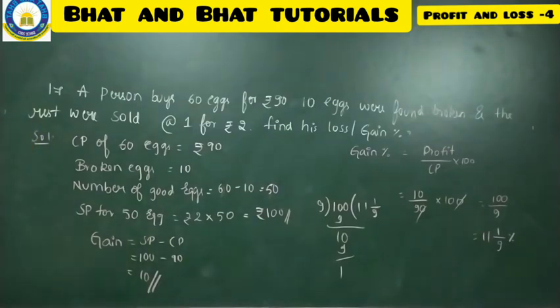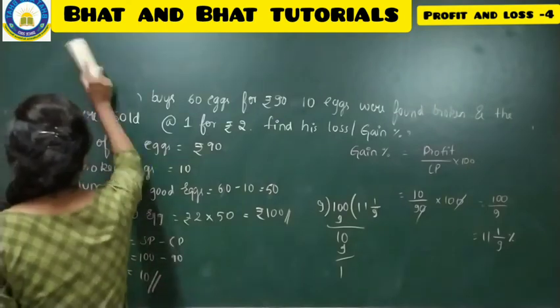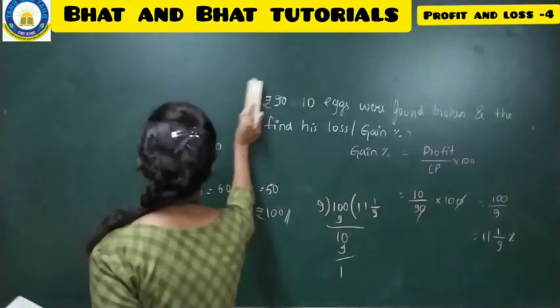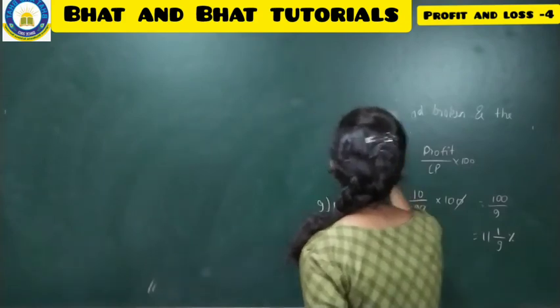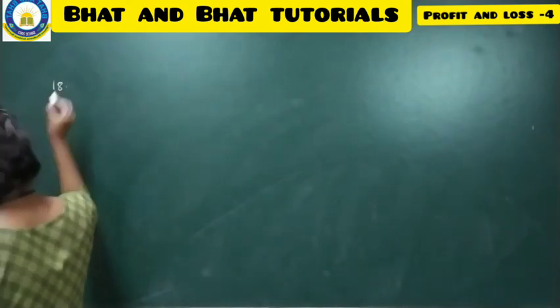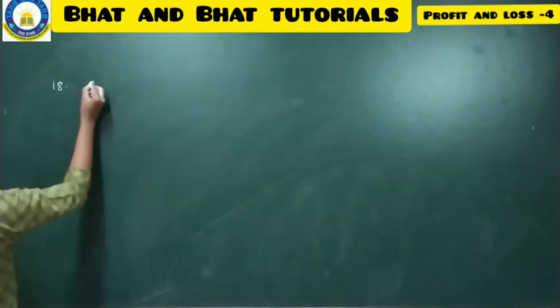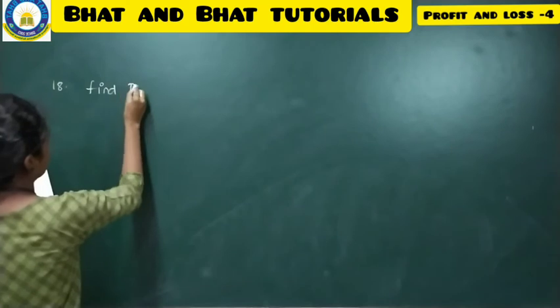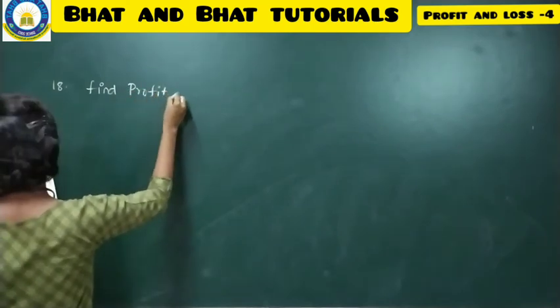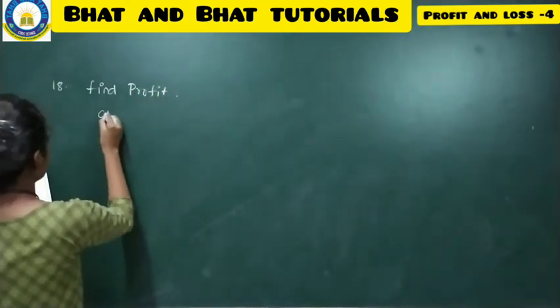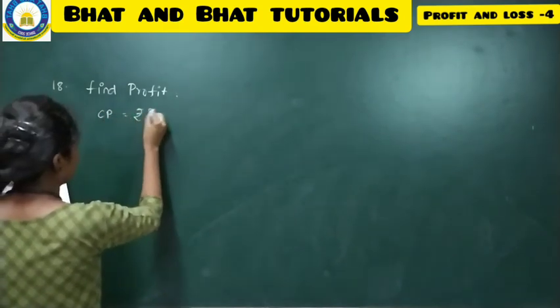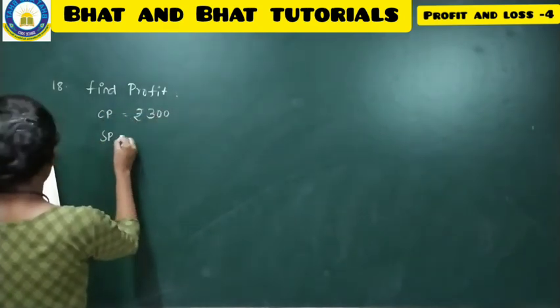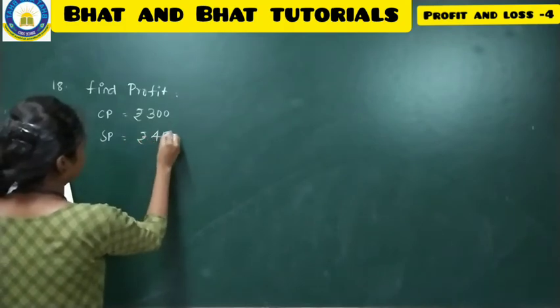Have a look into the 18th problem. Find profit, and they have given you the information regarding CP, where CP is rupees 300 and SP is rupees 450.